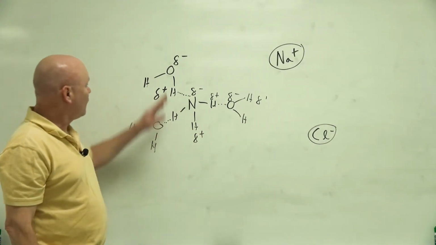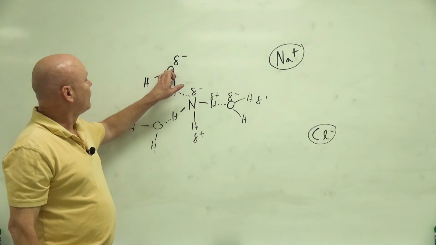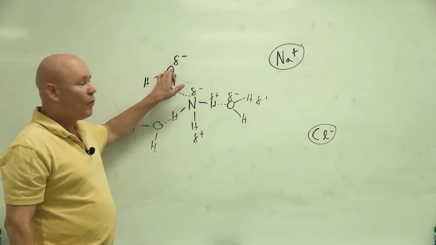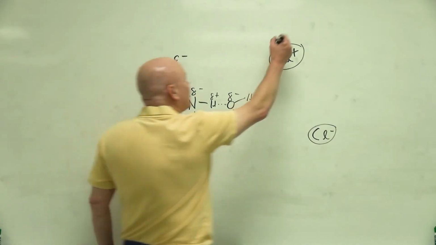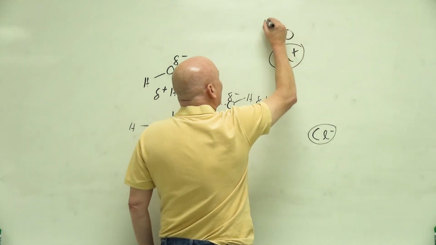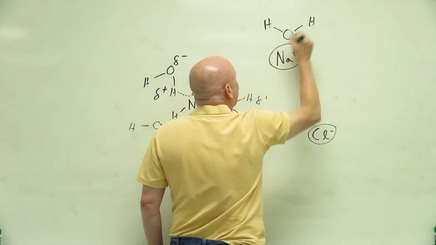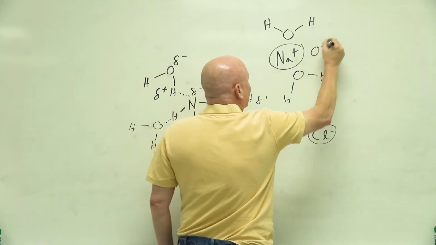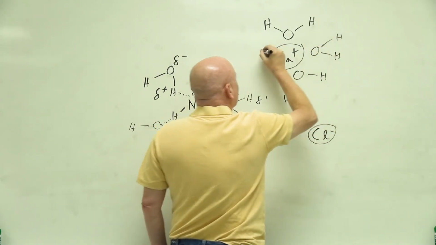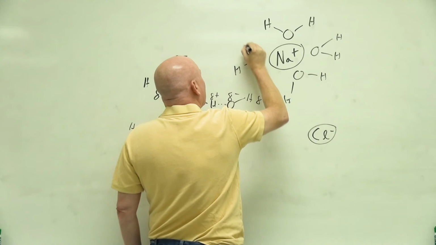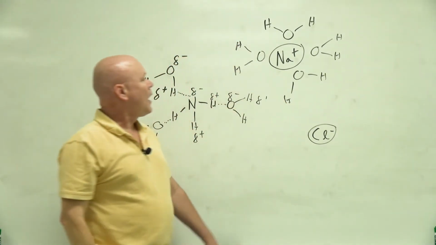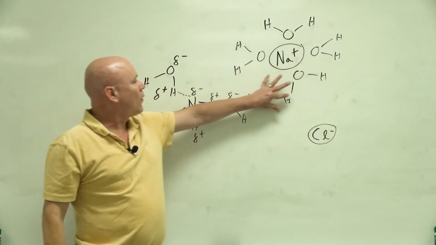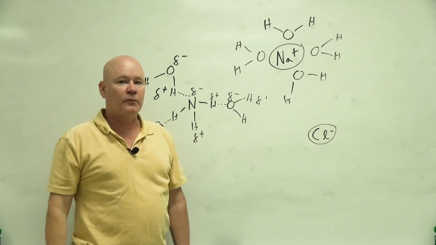Well, the head, which is on the oxygen of the water, is going to be attracted to the sodium, like such. And they will actually form a cage of water molecules around this sodium ion.